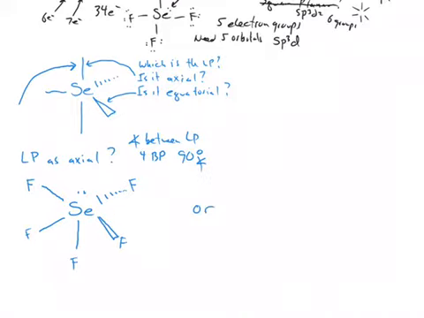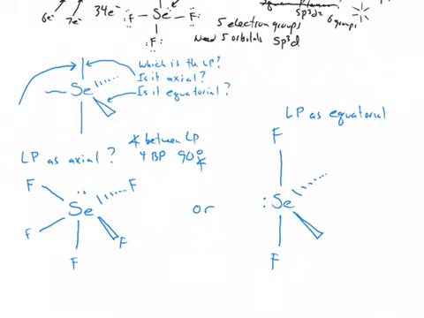Or is it this way, where we have selenium in the middle, my two fluorides. I'm going to put the lone pair as equatorial. Okay, and I'm going to put my bond going back, my bond coming out. Okay, so I removed this bond right here instead. I removed the equatorial bond.